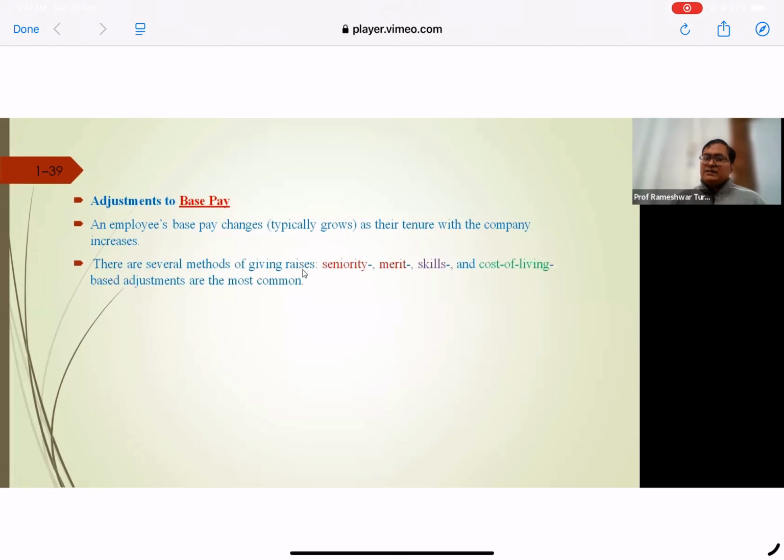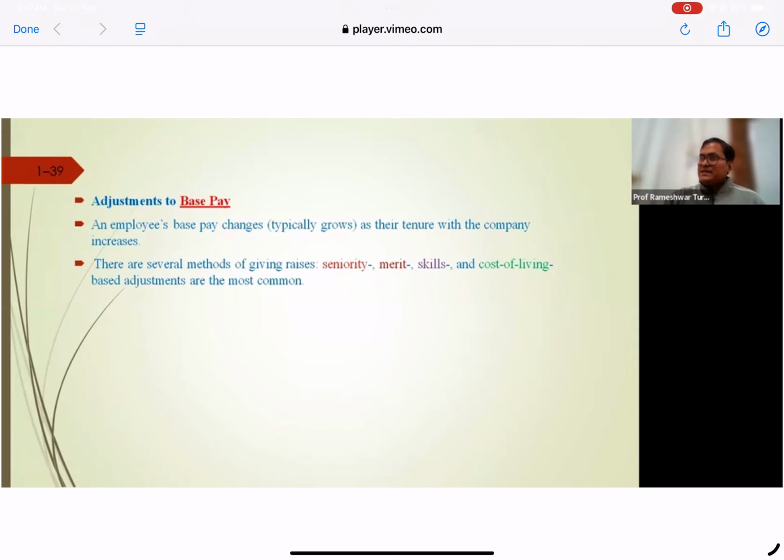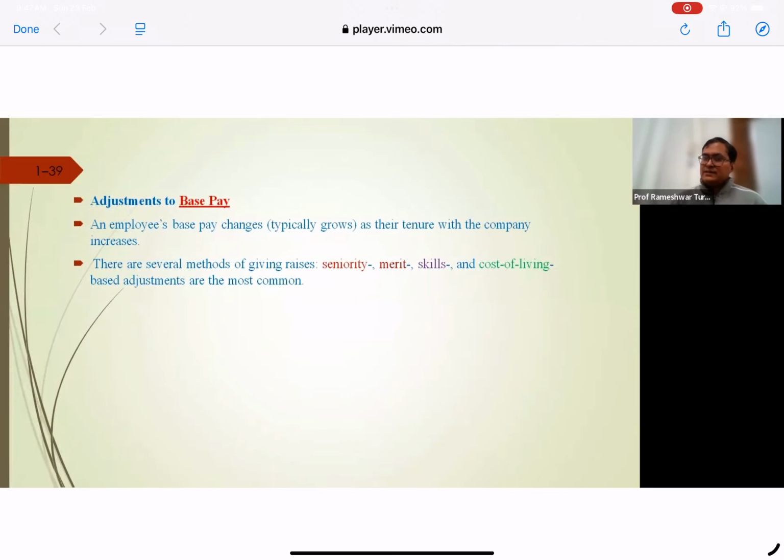There are several methods of giving raises. One is seniority based. Another is merit based. Another is skill based. Cost of living based adjustments are common. What we are getting in India government every year, 3% increases, even if we don't get promotion, that is the seniority method. As the number of years of service increases, your base pay will increase, even if you remain on the same designation.